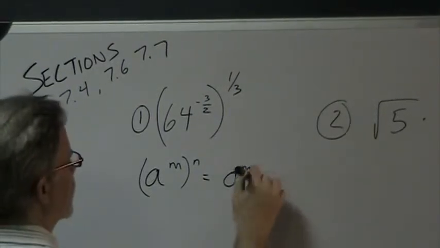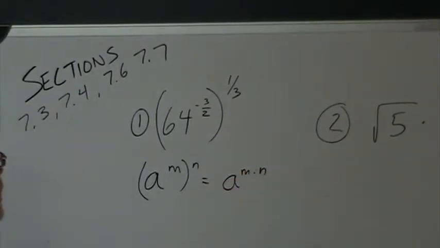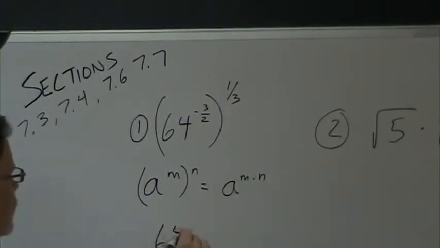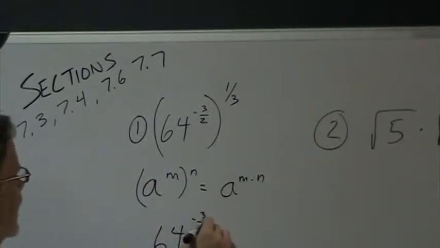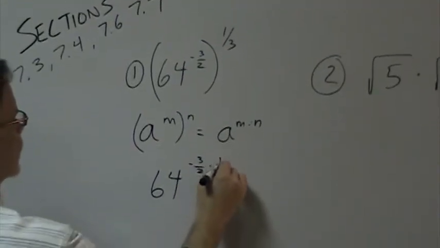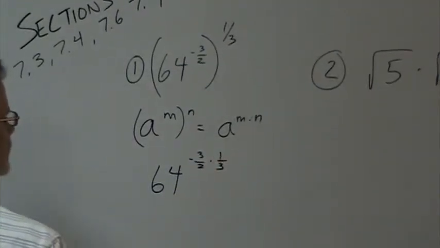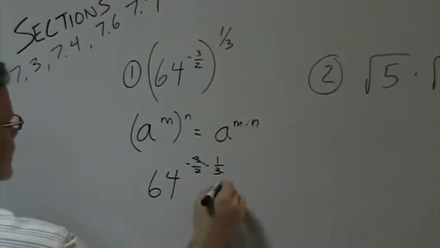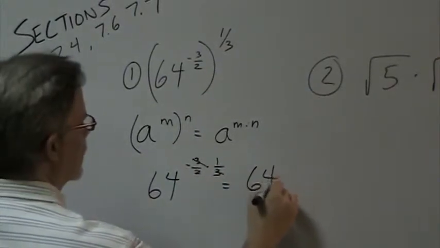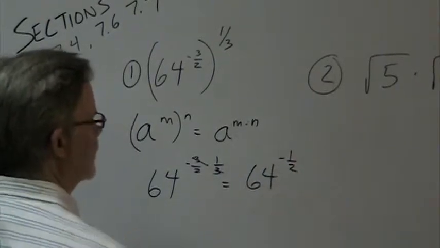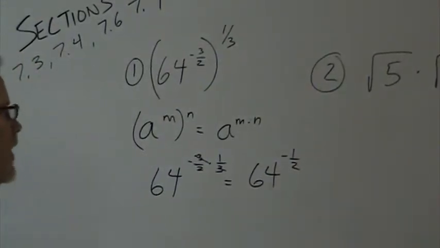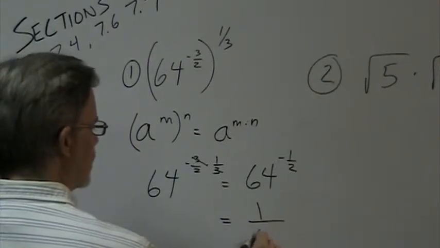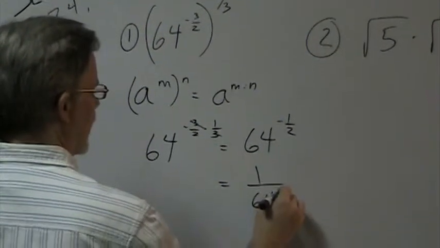So, wanting to solve this, that would give you 64 to the -3/2 times 1/3, so the 3's cancel, and this gives you 64 to the -1/2.